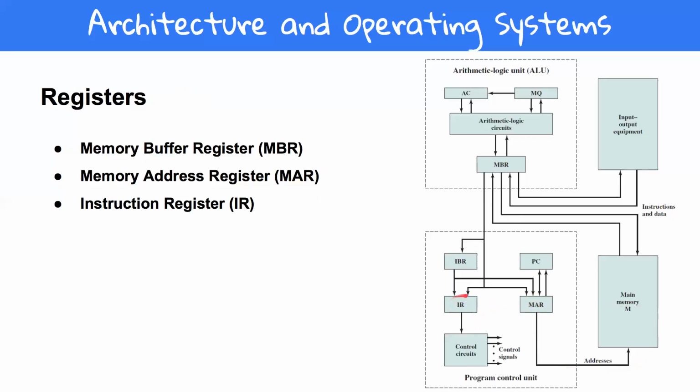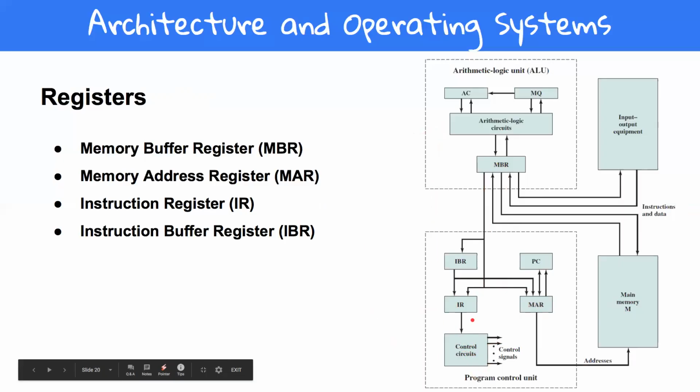The next one is IR. It actually decodes the opcode. So we break the instruction here into address and opcode. The address goes and specifies the address that we want inside the memory. The opcode is understood and sent to the control circuit to send a signal to the ALU. I will explain that in more detail. The instruction buffer register is here.